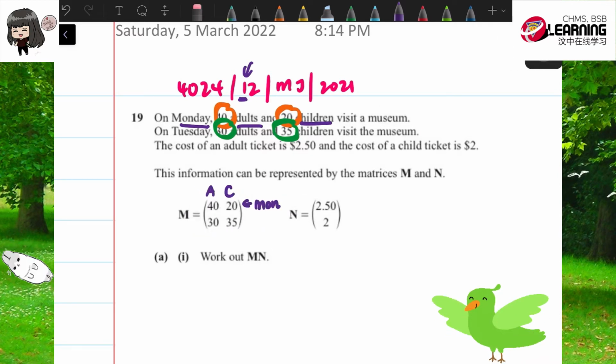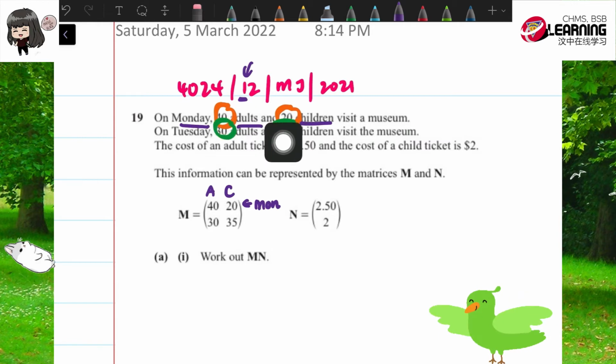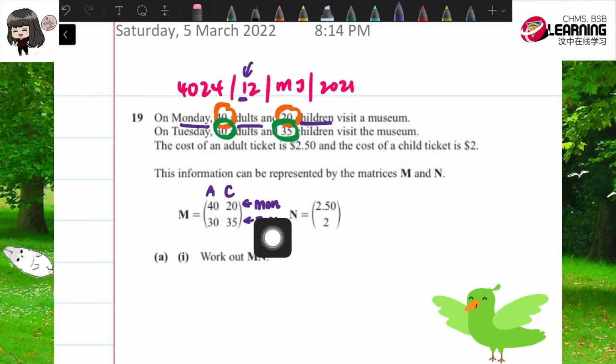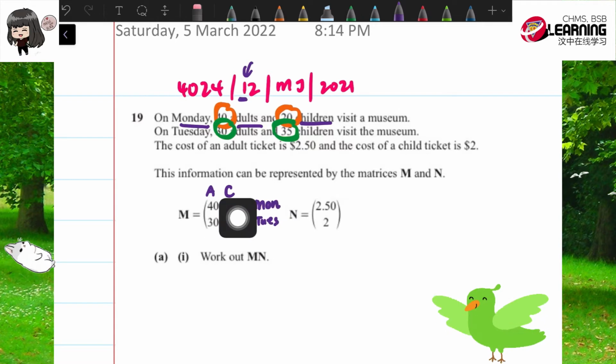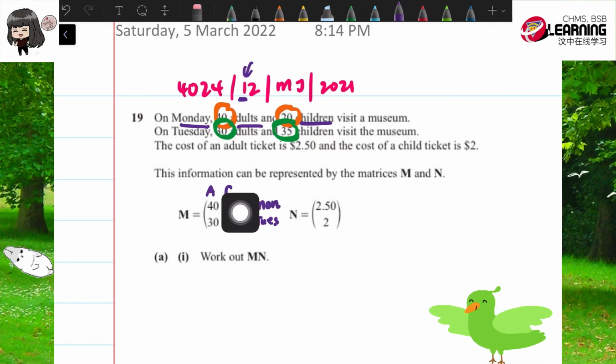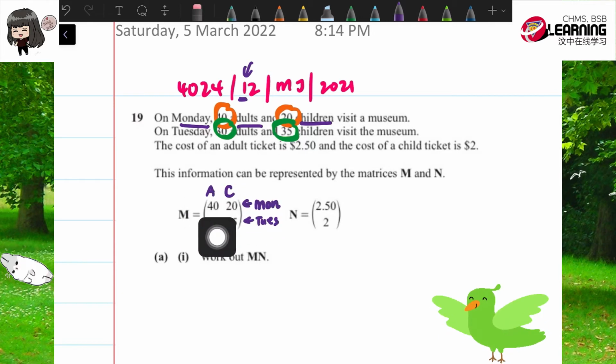And the second row, 30 and 35, means Tuesday, adult and children. So the row is represented as the day of the week, and the column as adult and children.